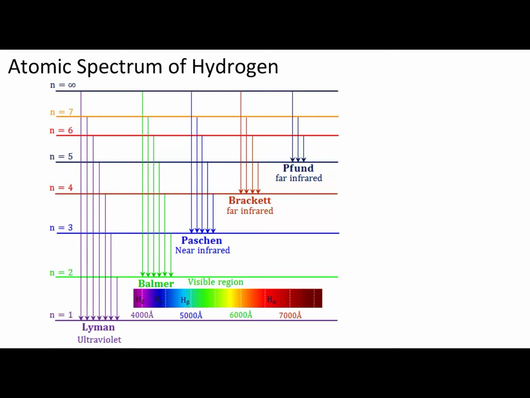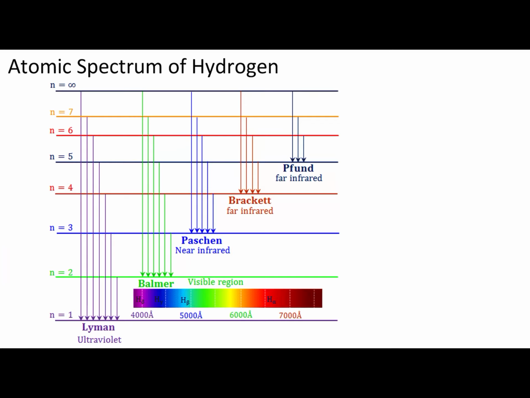Wave number, that is nu bar, is equal to RH, that is the Rydberg constant, times 1 by 2 square minus 1 by n square centimeter inverse, where n is equal to 3, 4, 5, 6 and so on. As a result, these lines are called the Balmer series.